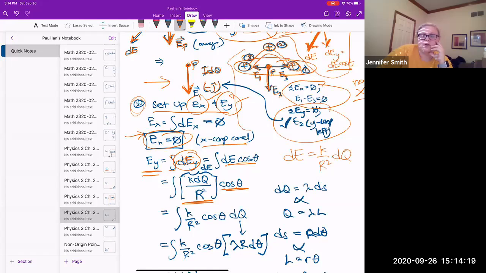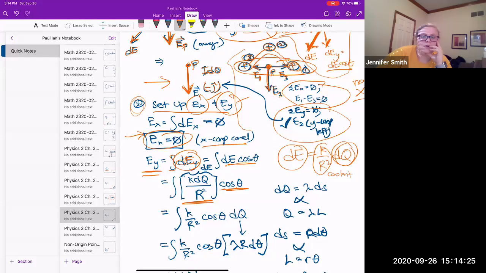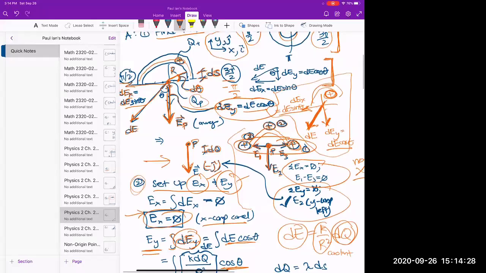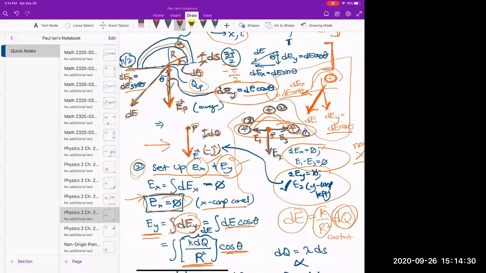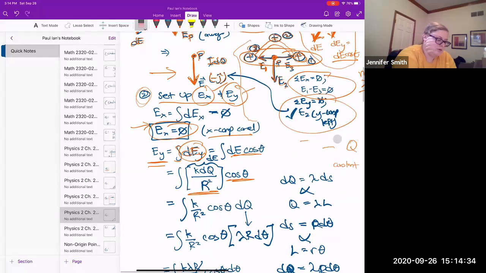Differential with respect to q? Yeah, because these are constant. dq isn't a constant. If you take a look at it, there are different parts of it.